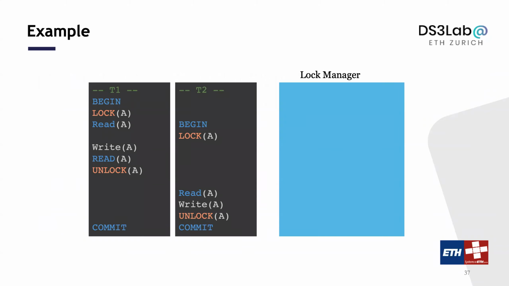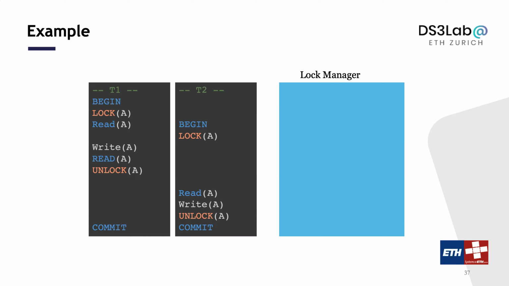So now let's look at this example, before we talk about our two fundamental questions. What's happening in a database is you have a lock manager, that's the blue thing on the right-hand side. And you have two keywords in a database: one is lock, another is unlock.